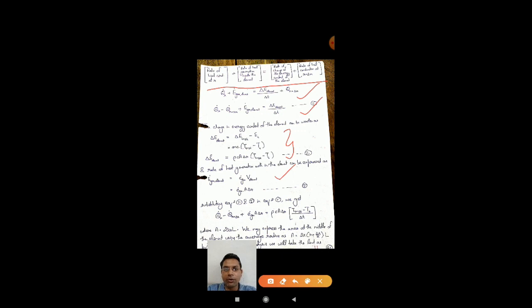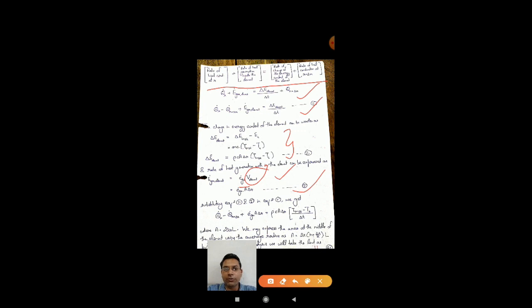Heat generation is a volumetric phenomenon, therefore capital E into the volume of the element, with a slight change: here the volume of the element will be area into delta r, as compared to the plane wall where it was A into delta x.